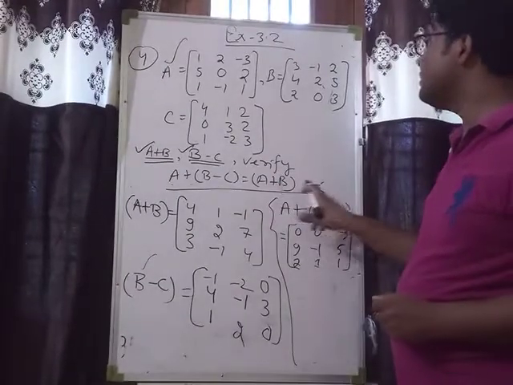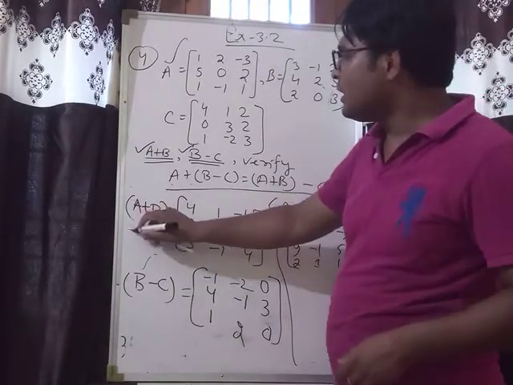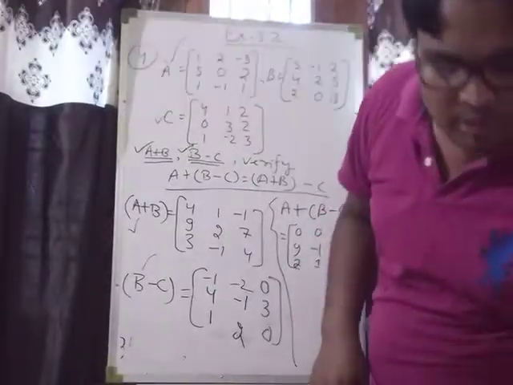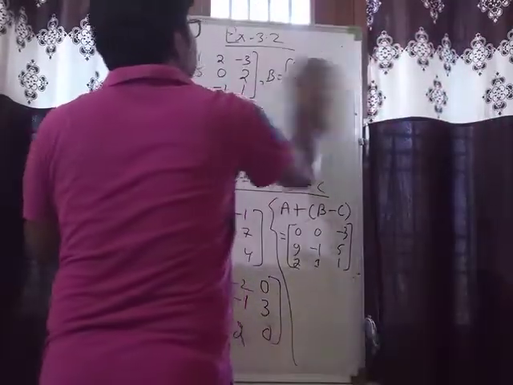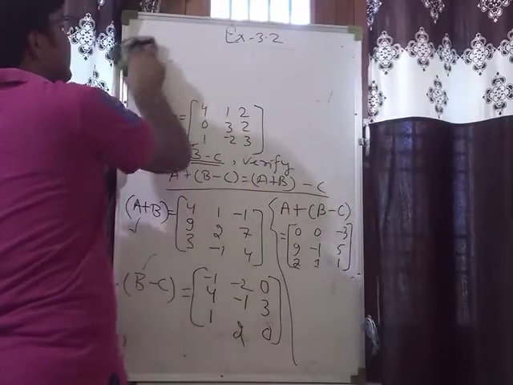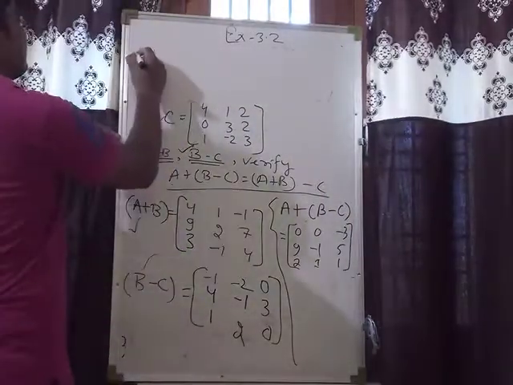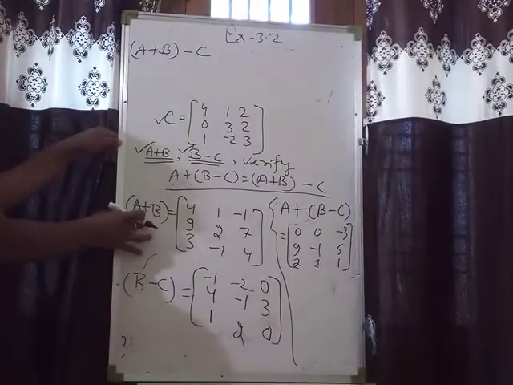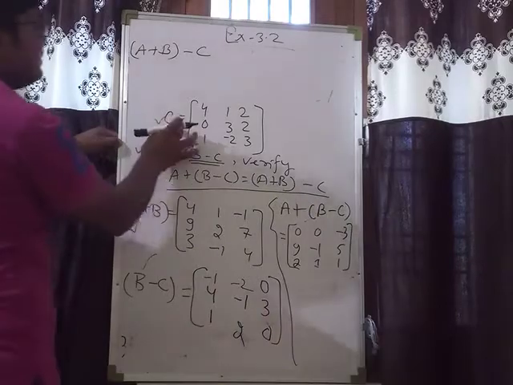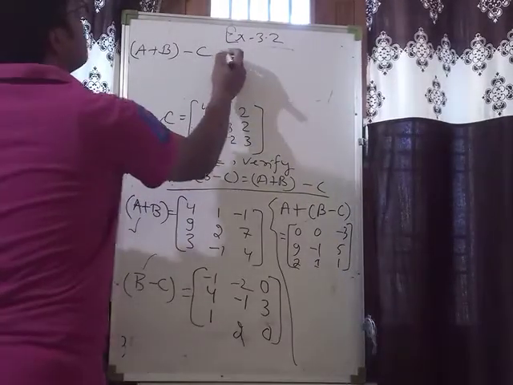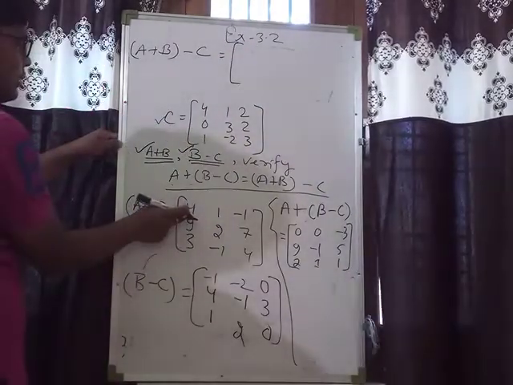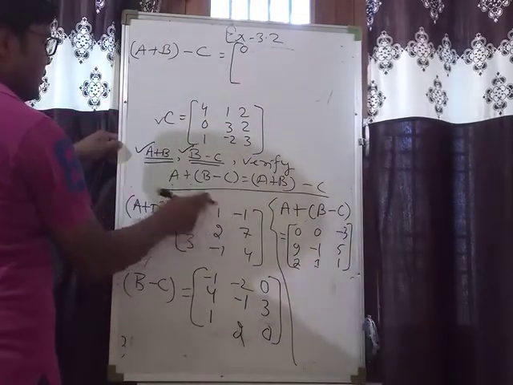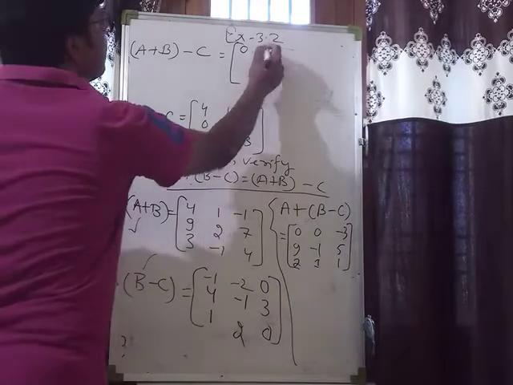Now next one, A plus B minus C. See, A plus B is here and for minus C we need C, so we can erase this, we no longer need it. Now find out A plus B minus C. This matrix is A plus B and C is here. From this we have to subtract this. So what do we have? See, 4 minus 4, 0. 1 minus 1, 0.